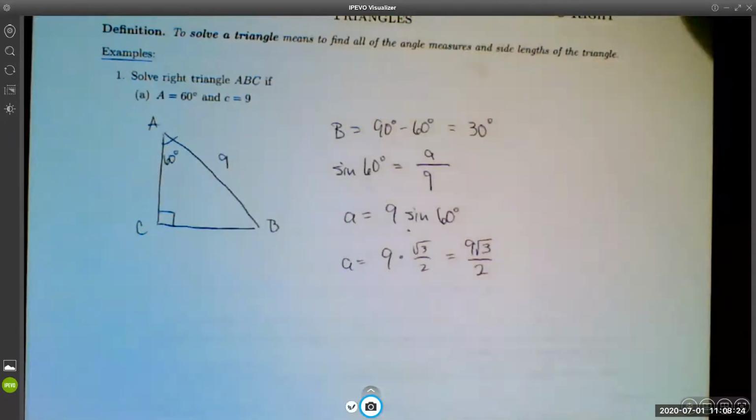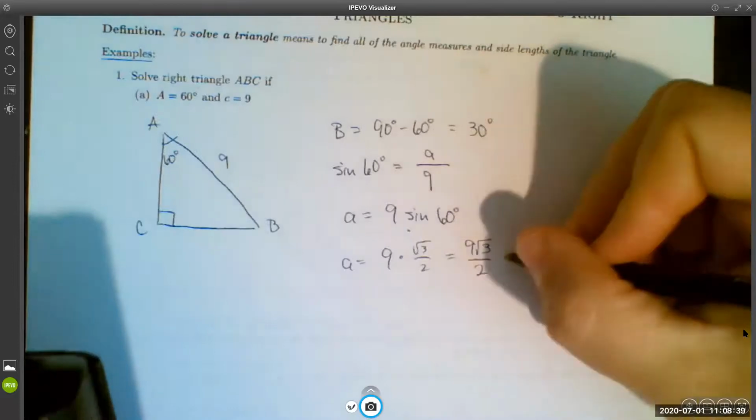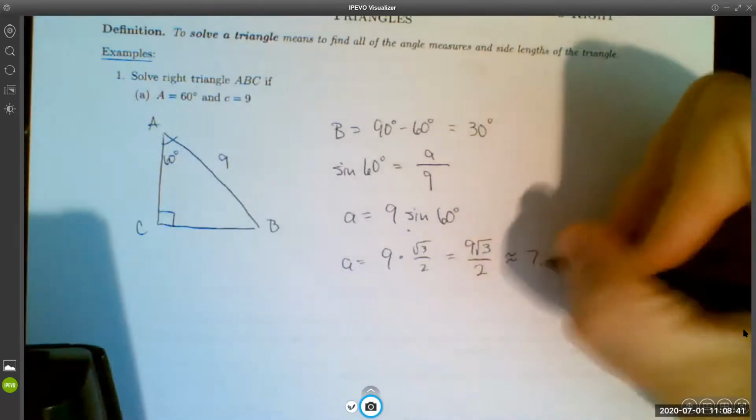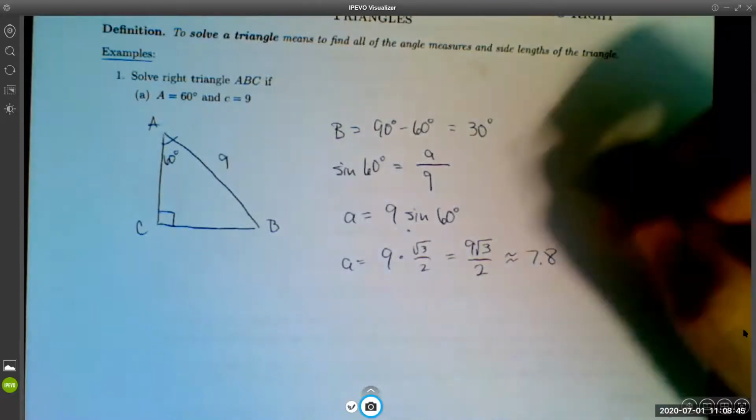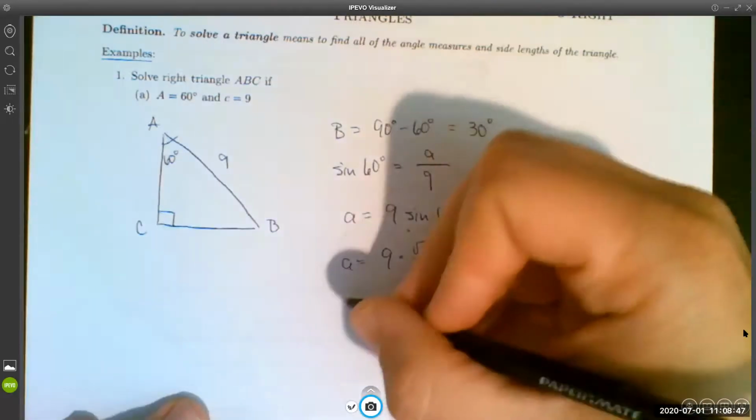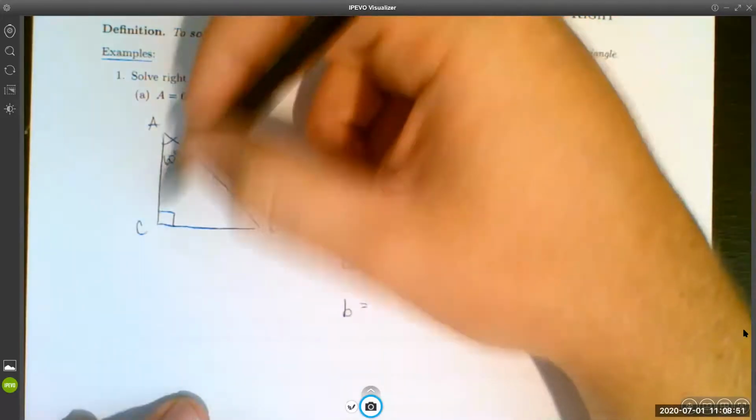Okay, so there's A. If you want a calculator approximation, you can, of course, get one. 9 root 3 over 2 is approximately 7.8. Okay, now for B, you could do something similar, right? This is A and this is B, right?